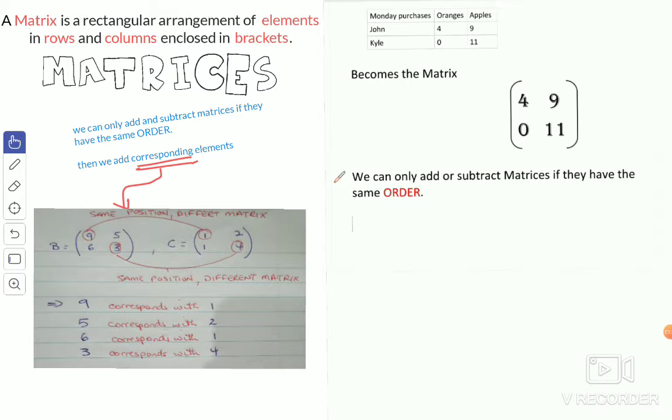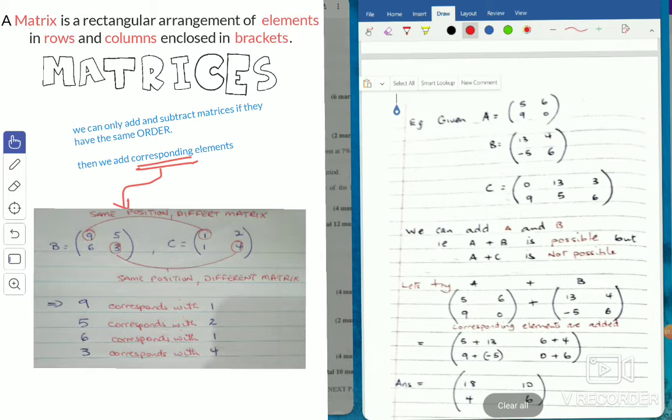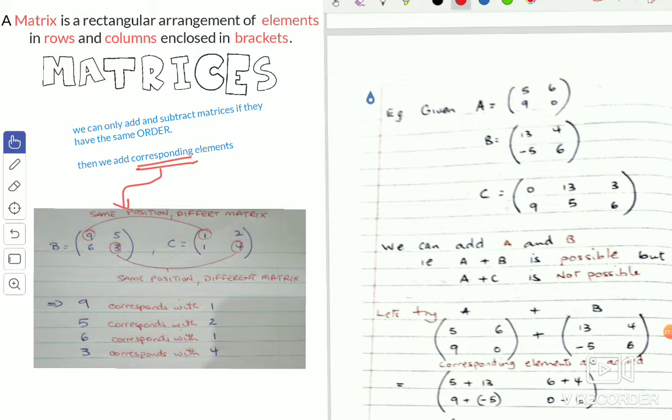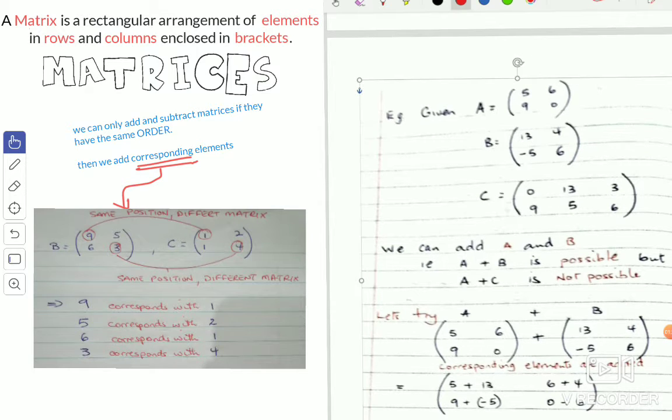So let's try one example first, an addition example. So here we see that we have three matrices, A, B, and C. The matrix A and the matrix B both have the same order, and we could see that simply by observation. When we count the rows and the columns, we see it's the same.